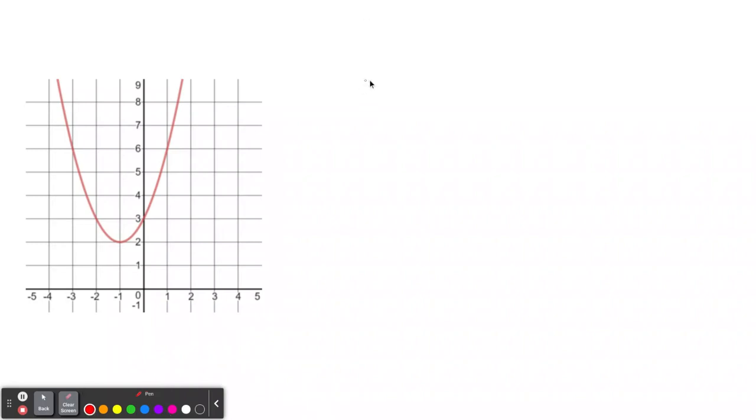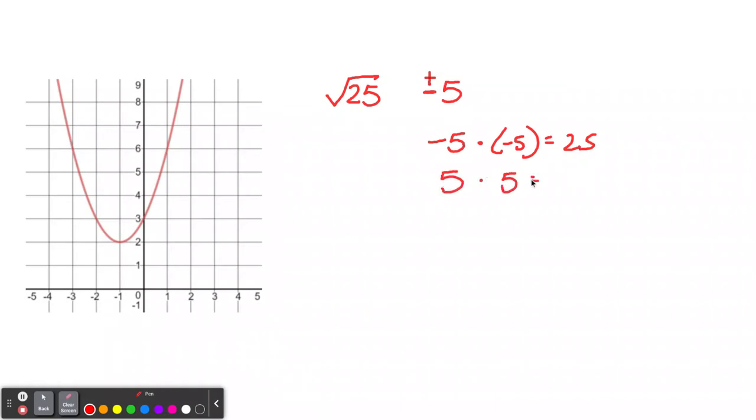Why not? So, when we do square roots, when we do the square root of, let's say, 25, well, we know the square root of 25 is plus minus 5 because negative 5 times negative 5 is 25, and positive 5 times positive 5 is 25. So we know the square root of 25 is this. But when we're doing the square root of negative 25, well, this is imaginary.